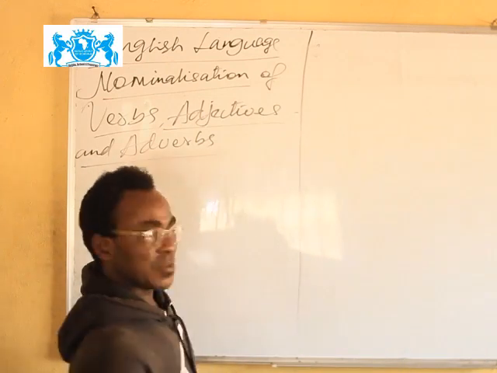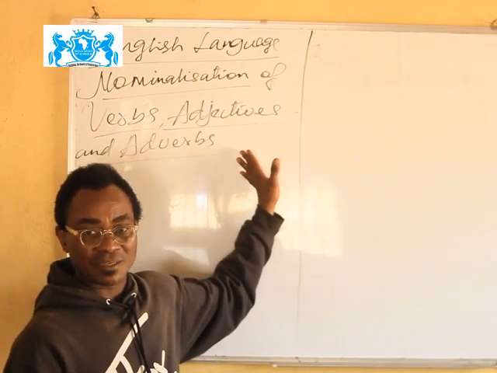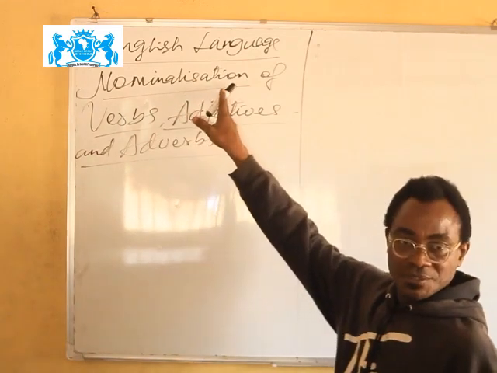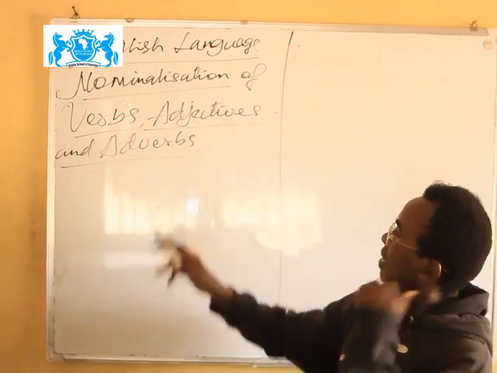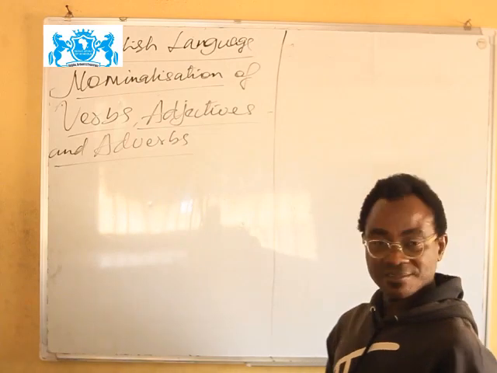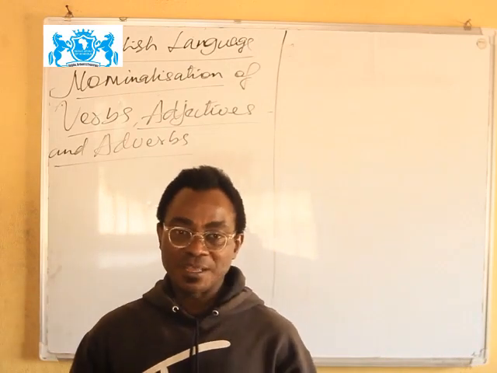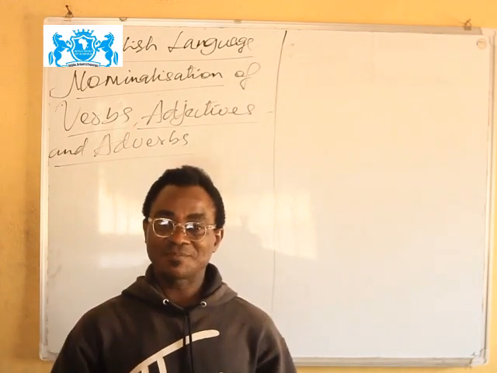Today, we want to take a look at a very important aspect of English language. As you can already see advertised on the board, we want to talk about nominalization of verbs, adjectives, and adverbs. So naturally, the first question that arises is, what is nominalization?